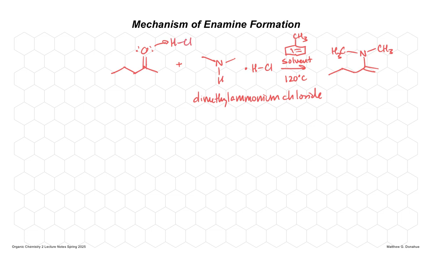So we have an acid, and our carbonyl oxygen is going to be the base. So we'll protonate it. So that activates it. Now we can have the dimethylamine attack that.